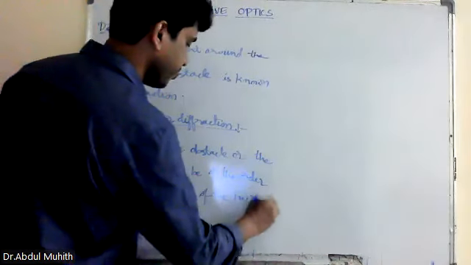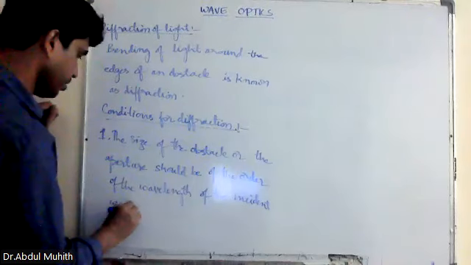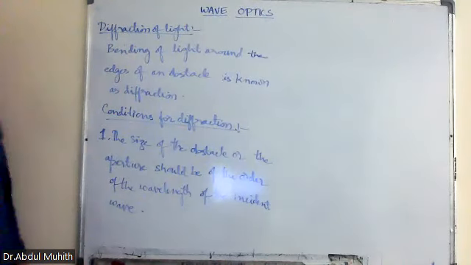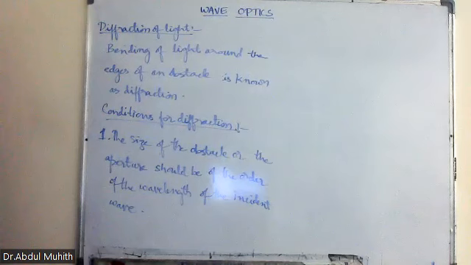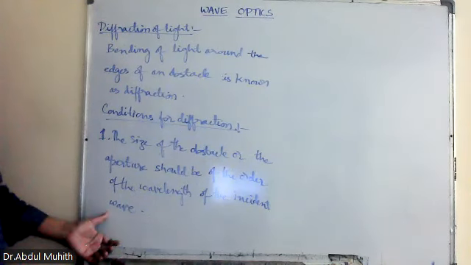This is the first point. Once again, the size of the obstacle means aperture, or the aperture should be of the order of the wavelength of the incident wave.